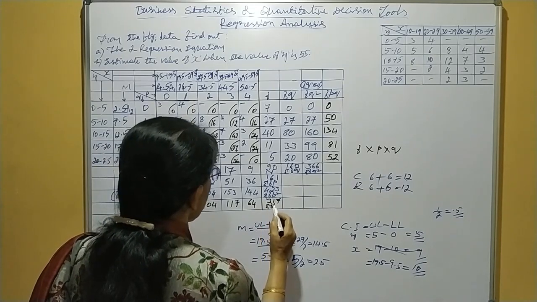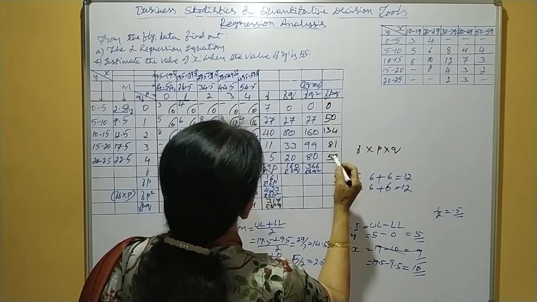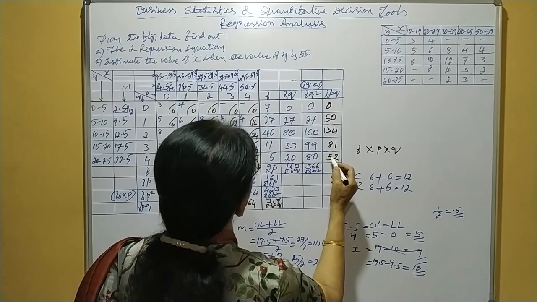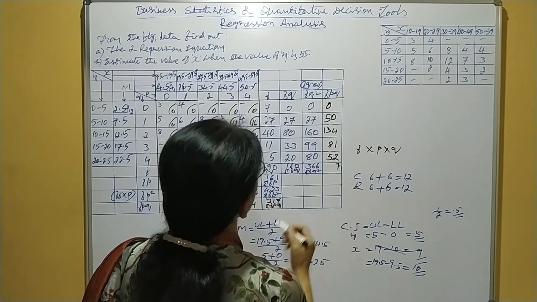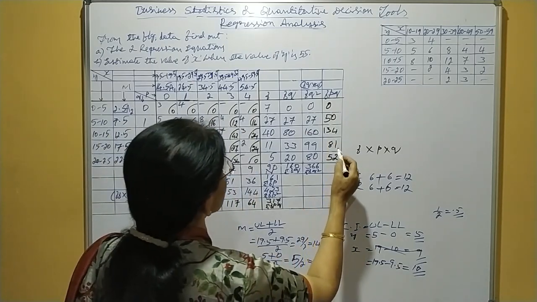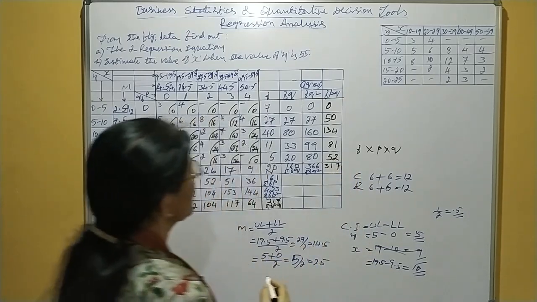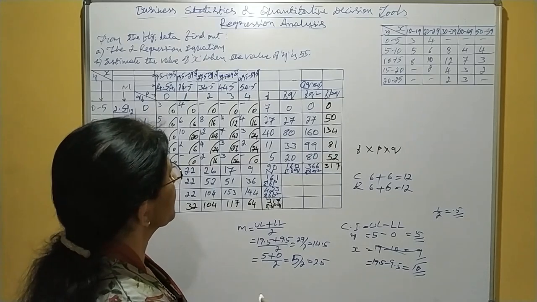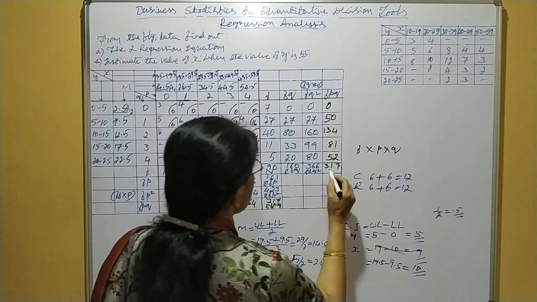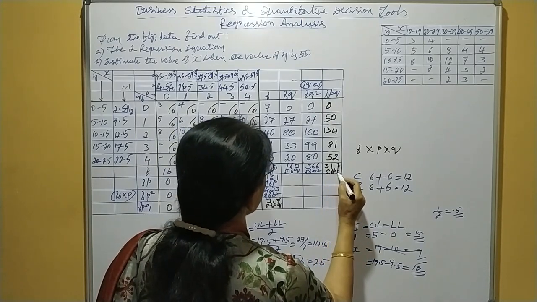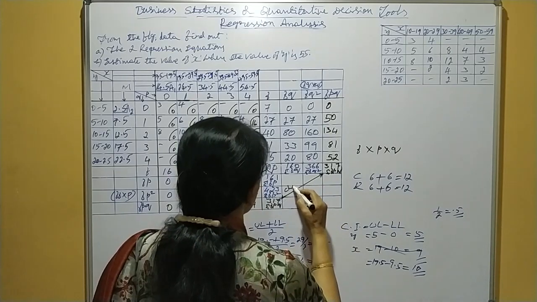Sigma fpq is 317. Here it is also 317. Okay, that is sigma fpq, and for this you have to write the check line.